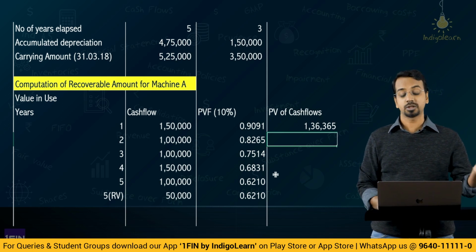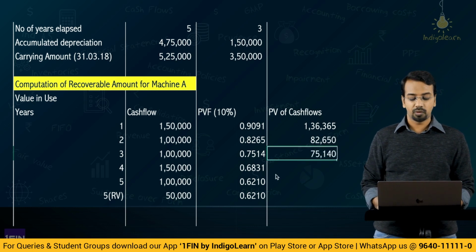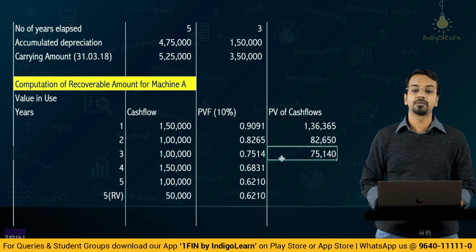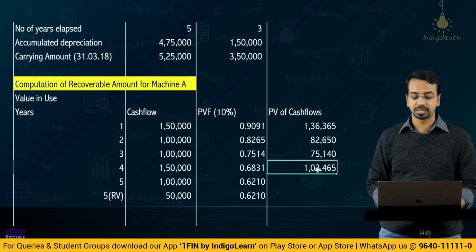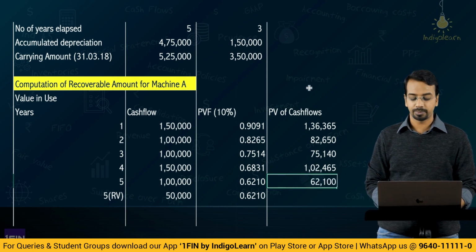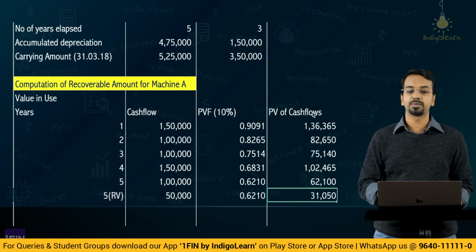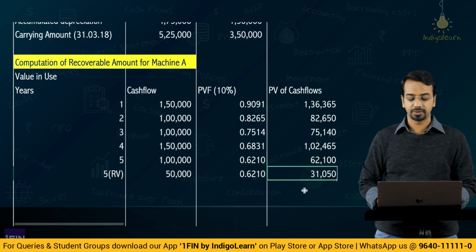So 1,50,000 multiplied by 0.9091 M plus, then 1 lakh multiplied by 0.8265 M plus, then 1 lakh multiplied by 0.7514 M plus, 1,50,000 multiplied by 0.6831 M plus, 1 lakh multiplied by 0.6210 M plus, and 50,000 multiplied by 0.6210 M plus. Now, if you do all of this, you need not sum up everything.